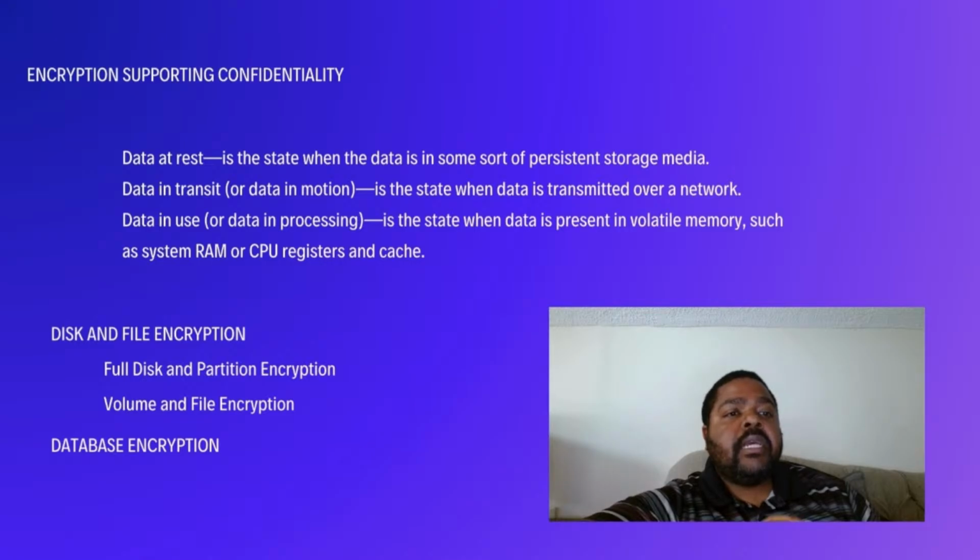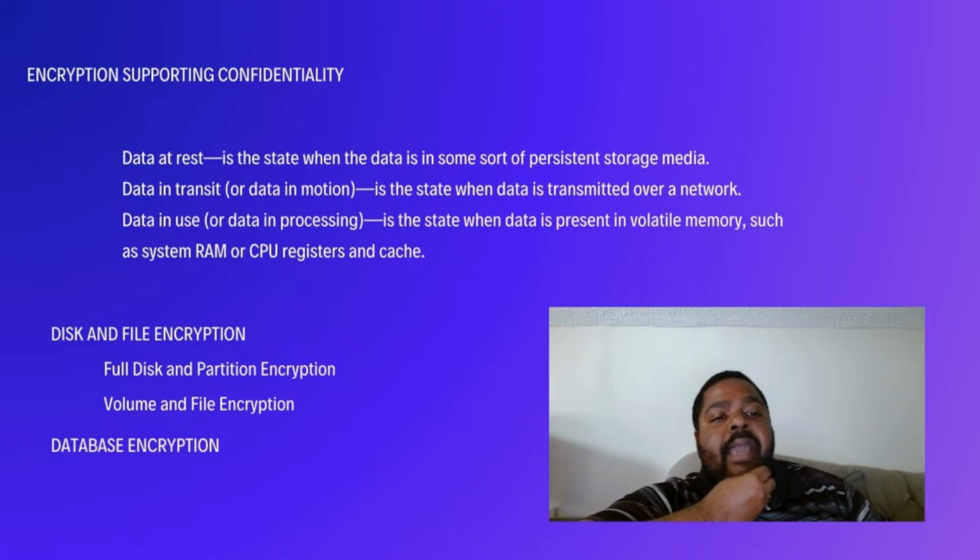And data in use is when we're actually opening a document and changing things as we speak. Even if someone is able to see the changes, they cannot see the actual plain text. So we want to make sure that data in use is encrypted as well.